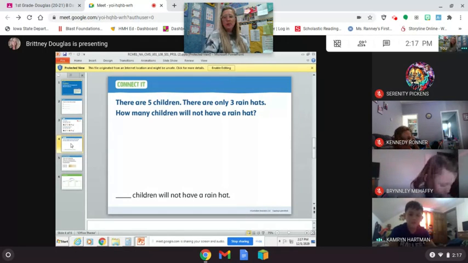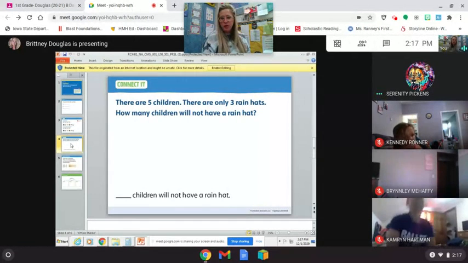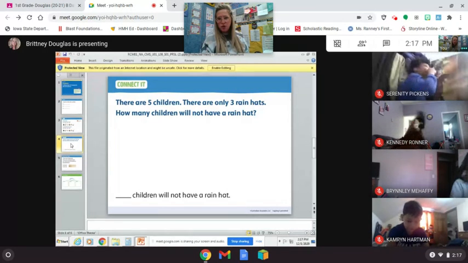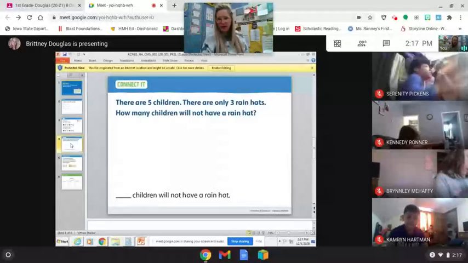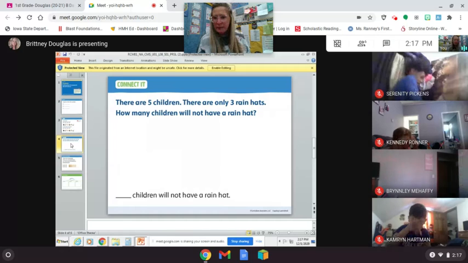Okay, so when you drew 5 counters and you drew 3 counters and you partnered them up, there were 2 left that didn't have a partner, right? Yep. So that means that there were 2 children that would not have a rain hat. We ran out of hats before every child got one. So 2 children would not have a rain hat. So Randy, can you show me your paper, what you did on that one? Page 166. Let me see your paper.